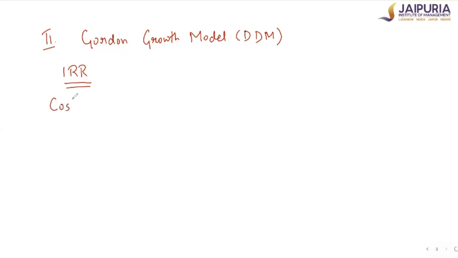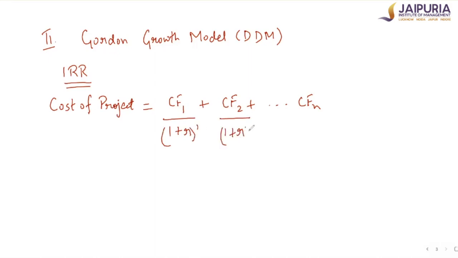We say that whatever is the cost of the project or the initial investment as of today, and whatever are the future cash flows expected out of this project, how do I discount these future cash flows? At what rate should I discount it so that my LHS and RHS equate? So this R gives me what? The rate of return for that project.